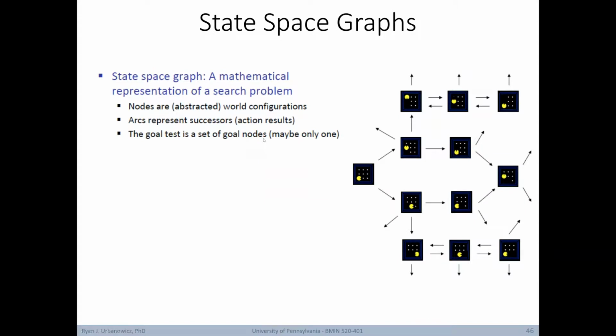State space graphs are basically mathematical representations of a search problem. The nodes are abstracted world configurations, and arcs represent successors, or the results of making a decision and going from one state to the next. Further, a goal test is a set of goal nodes. Maybe there's only one, or maybe multiple different kinds of goals could be reached. Notably, in a state space graph, every unique state only occurs once.